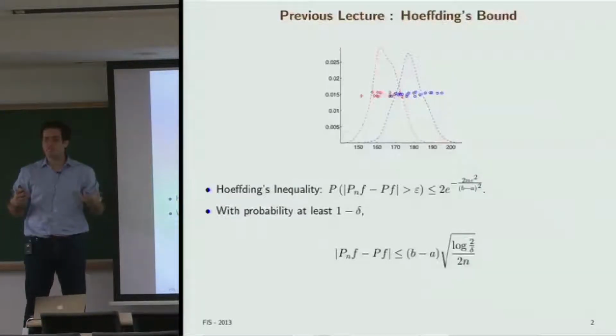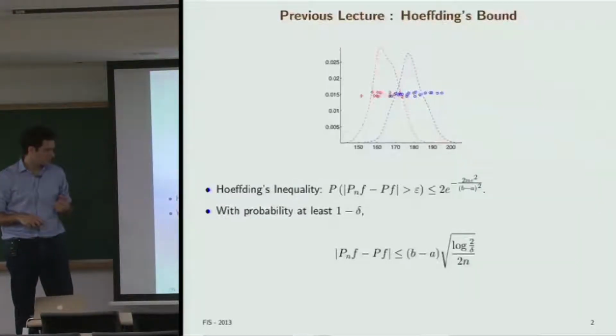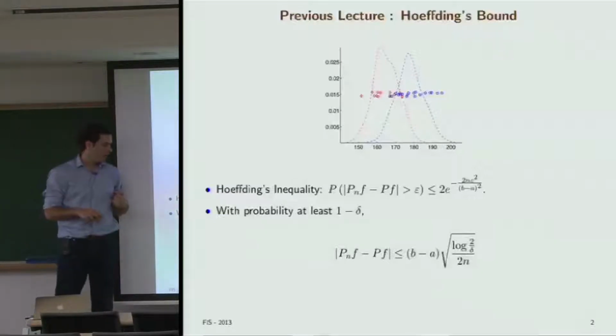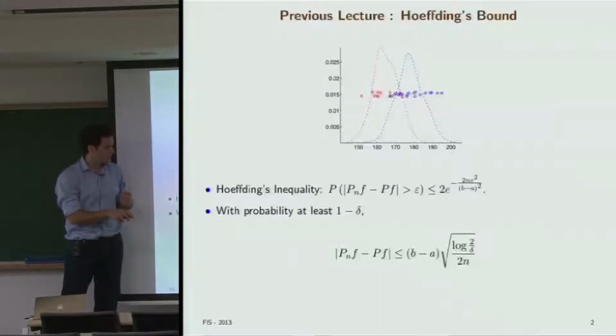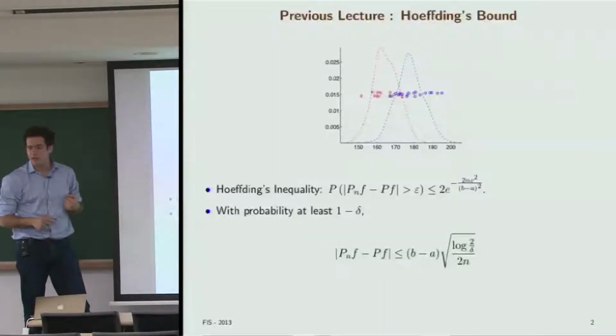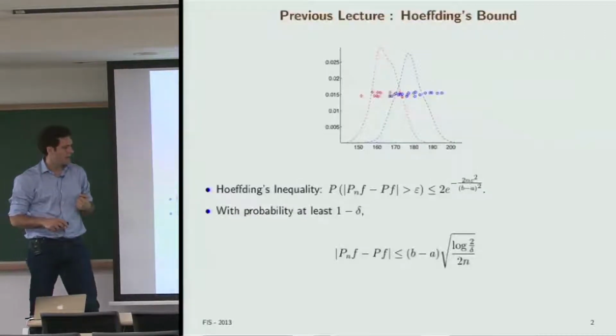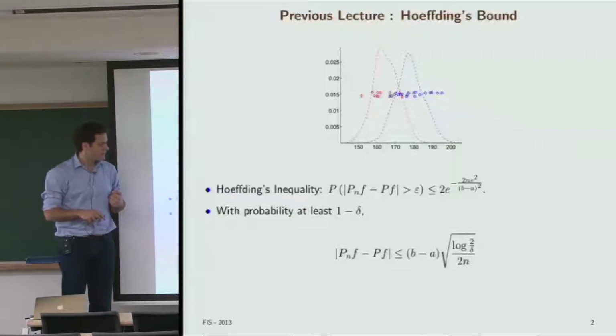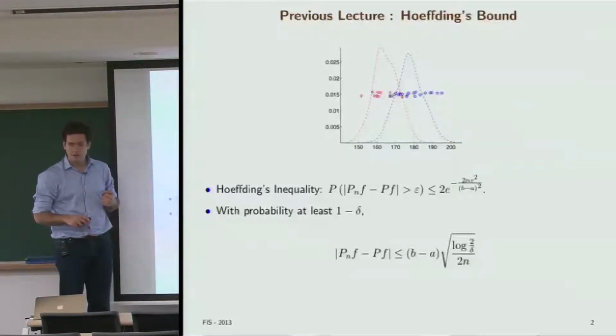Given the randomness of that sample of size n, the probability that the difference between the empirical average and the true average is bigger than epsilon decreases in this way. Here I should have removed b and a because a and b are just bounds on the values taken by f. So basically this decreases very fast, especially in terms of n, the number of samples that you get.